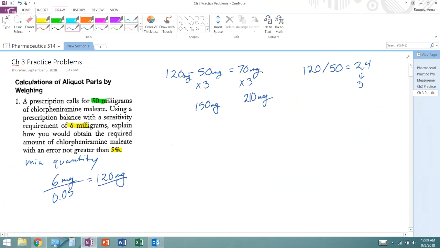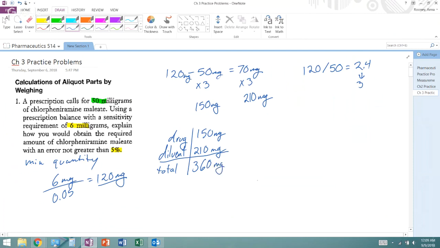And so we're going to have drug, and then we're going to have diluent. So our drug is 150 milligrams, and then our diluent is going to be 210 milligrams. And we want to find out the total, and I will show you why in a second, which is 360 milligrams.